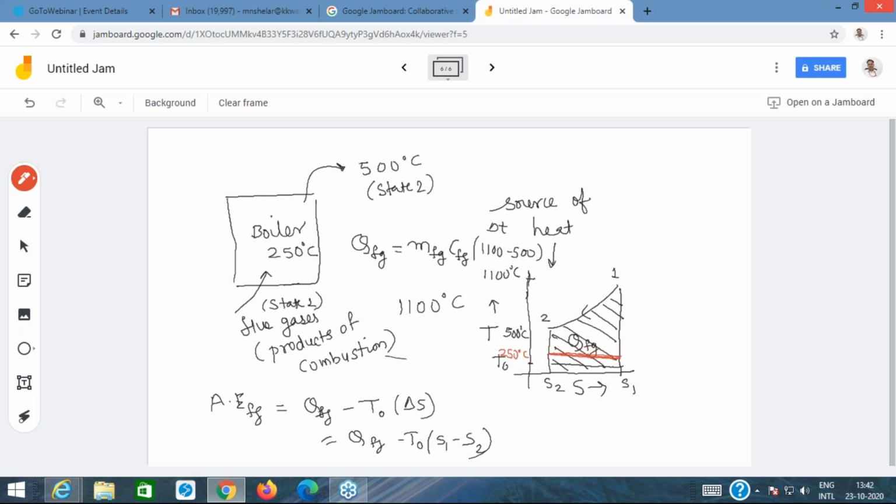So what would be the entropy change of the system? Would it again be delta S, which is S1 minus S2, or would it be less, or more?